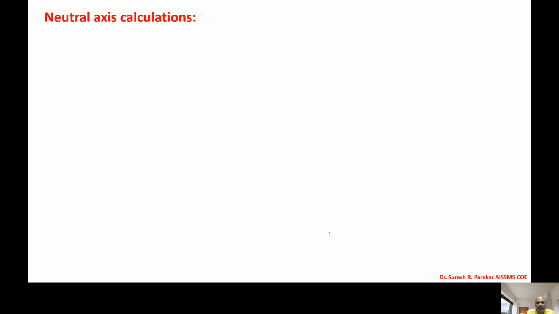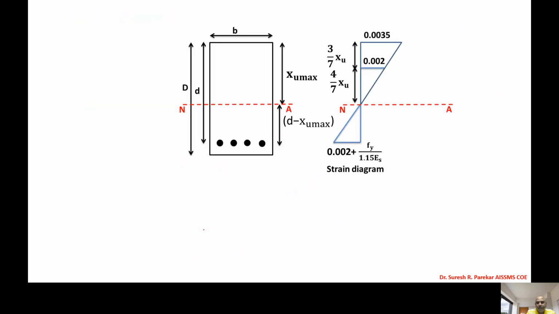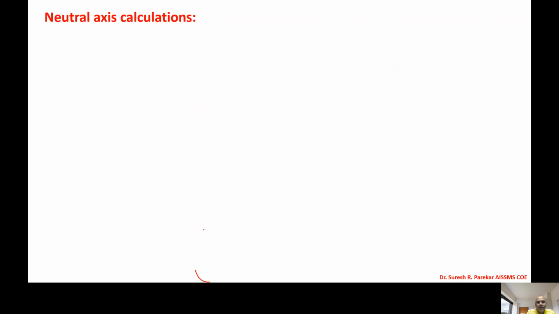We have neutral axis calculations simply by using Cu is equal to Tu. Now the value of Cu we have 0.36 fck Xu into b, and Tu we have 0.87 fy Ast.